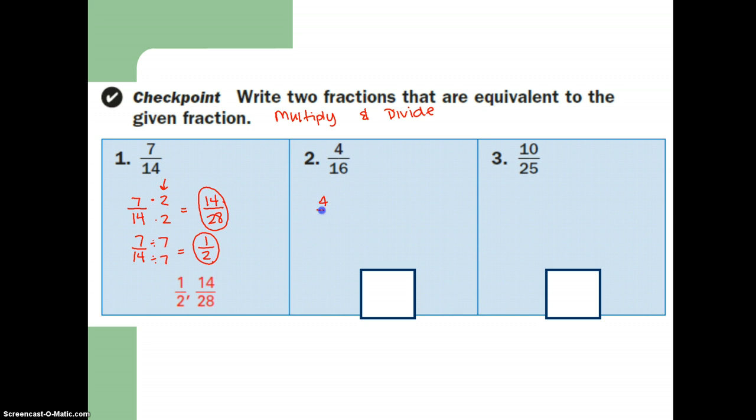Number 2, 4/16, I'm going to multiply by 2. That gives 8 over 32. And I'm going to try to divide with something that's going to make it the simplest form. So I think I'm going to divide by 4, which is 1/4.